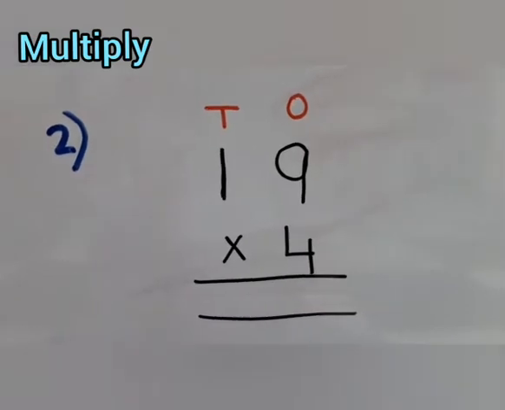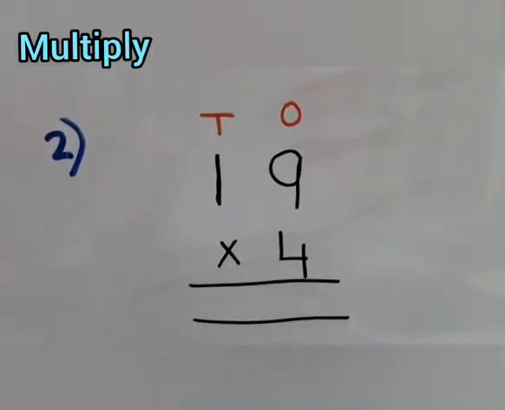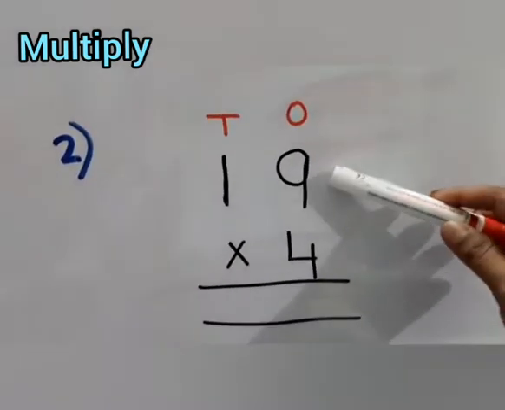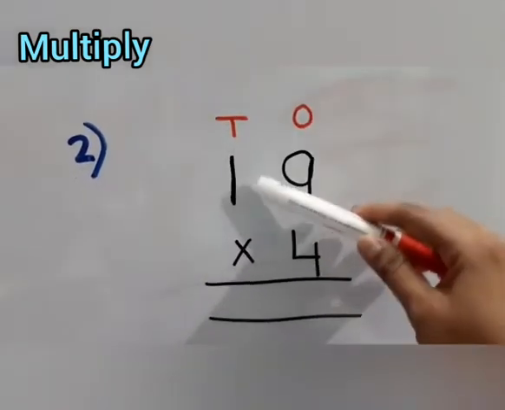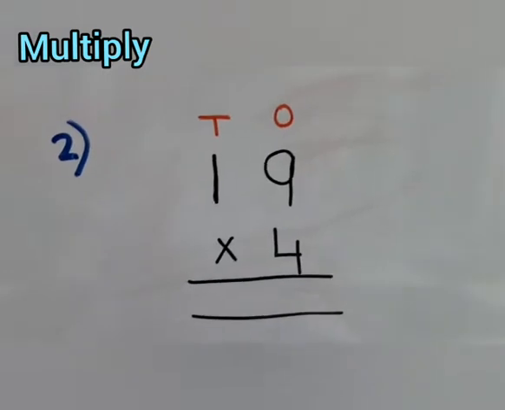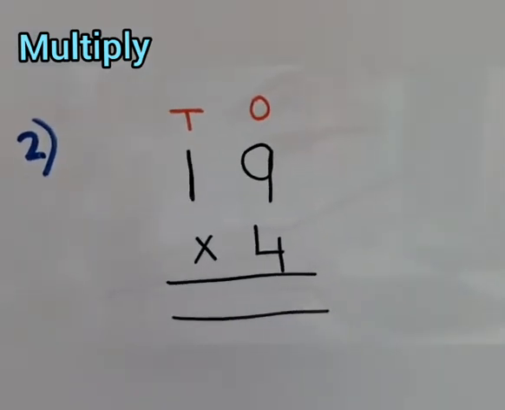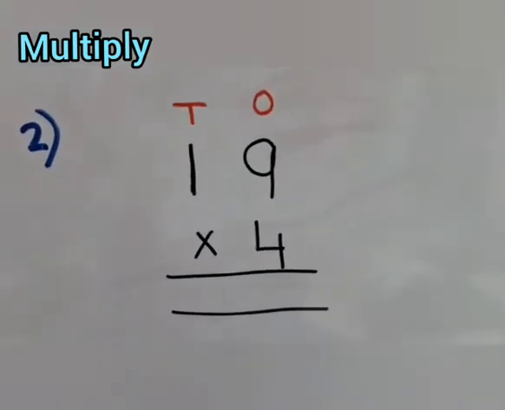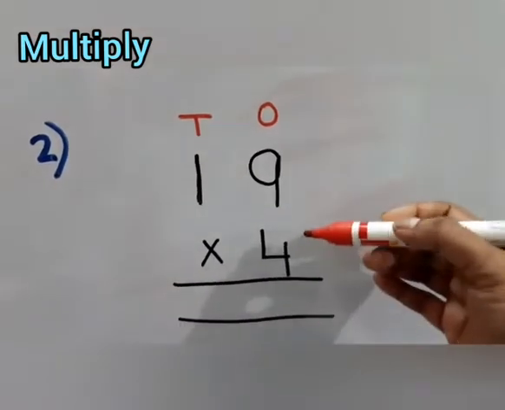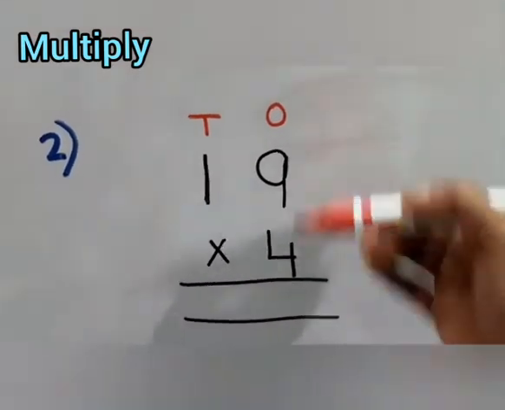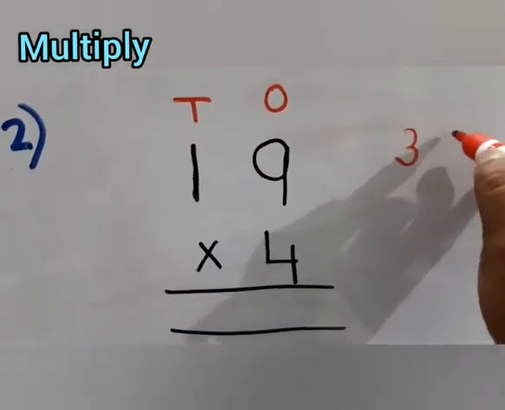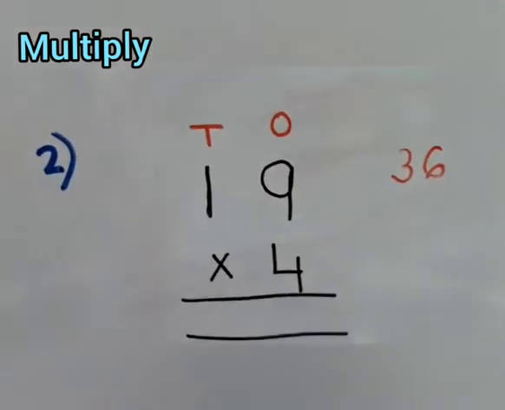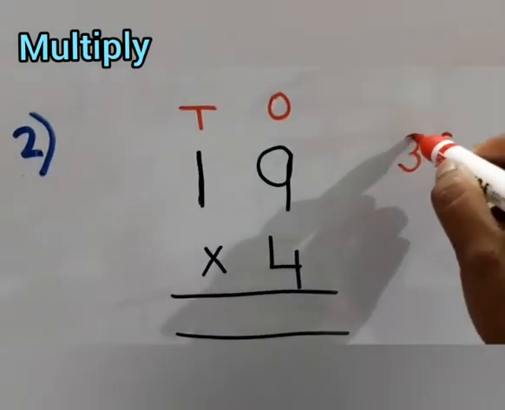Now coming to our second question, that is we have to multiply 94 with 4, and in ones place we have 9 and tens place we have 1. So let us begin. So when we multiply, we have to start from ones digit. So 4 9s are how much, student? Yes, it is 36.